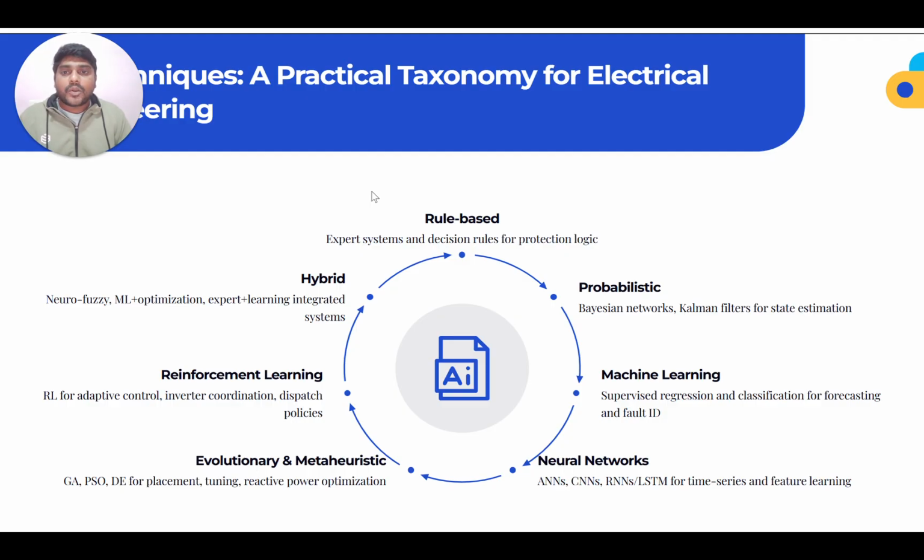Reinforcement learning enables adaptive control and policy optimization. Evolutionary and metaheuristic methods like genetic algorithm, particle swarm optimization, and differential evolution are used for placement and tuning problems. And hybrid approaches combine multiple paradigms such as neuro-fuzzy systems to overcome limitations of individual methods.